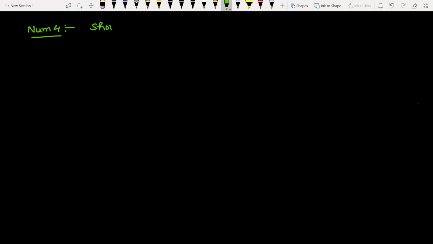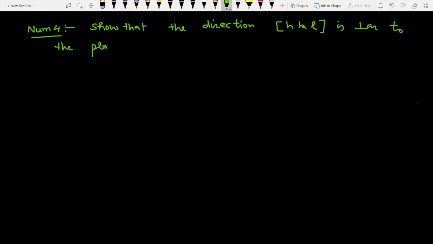Show that the direction written with the square brackets [HKL] is perpendicular to the plane (HKL) in a cubic system. Solution.